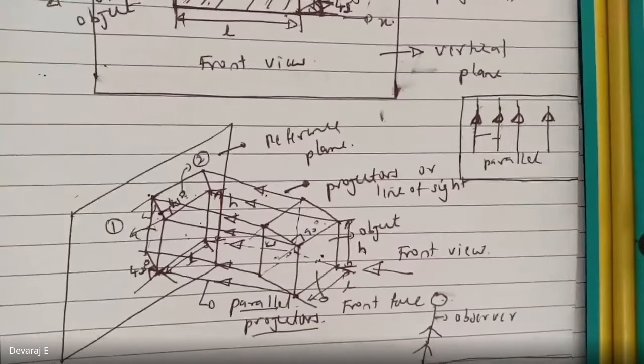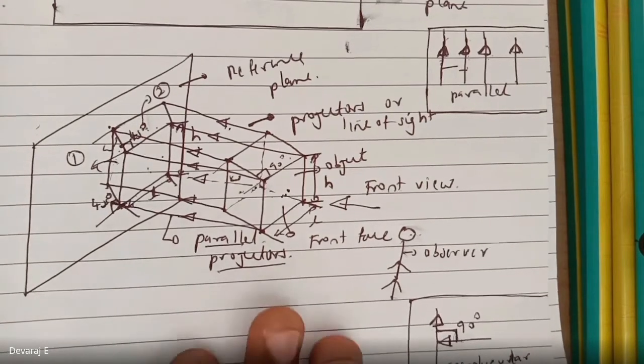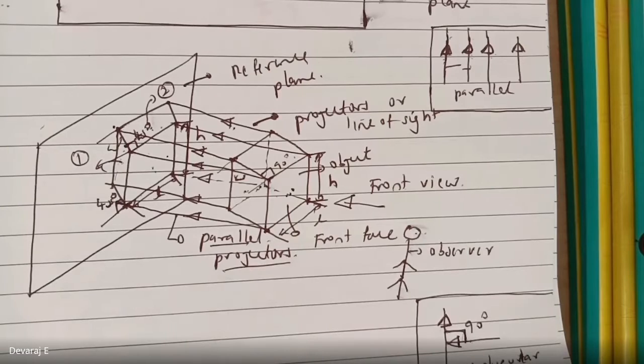Excuse me, sir. Yeah, tell me. Can you show the last diagram once more, please? Okay, wait. Yes. So any doubt? You have any doubt? No, sir. Oh, you're writing? Yes, sir. Okay. So complete, students, you can complete. I will give 2 minutes time. So kindly complete fast. Then I will go for the next topic.